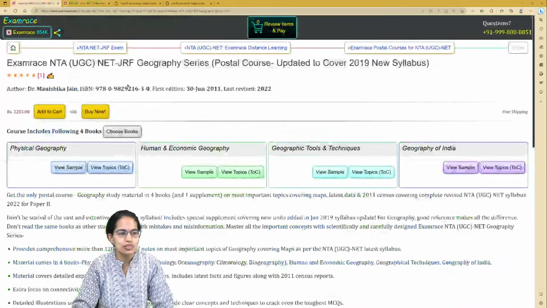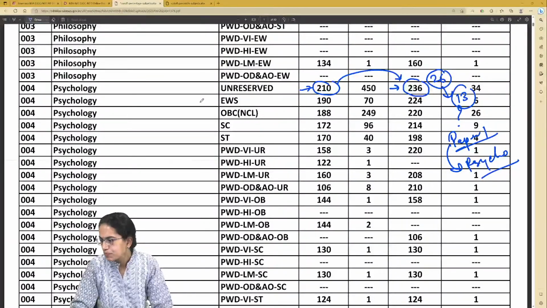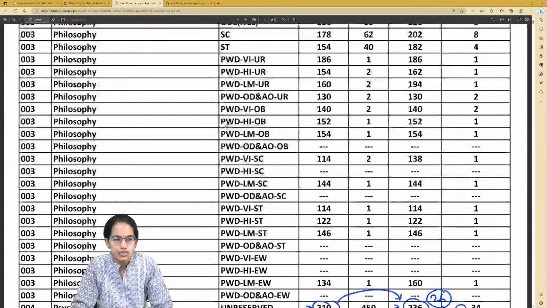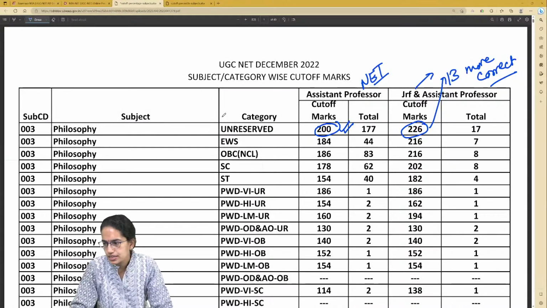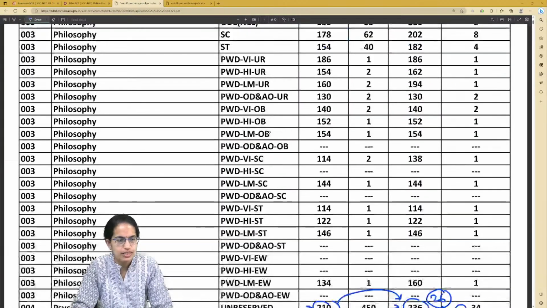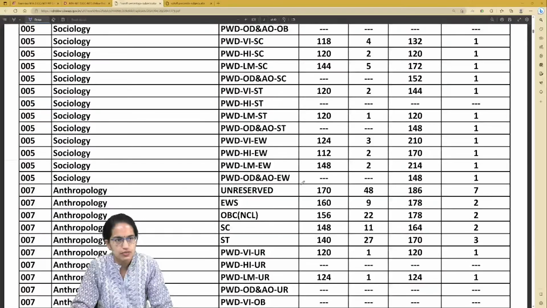So this was our session for today, and we would be joining back again. The lists have already been declared, Adiba. So you can just check out your scorecards on the UGC official website, and the cutoffs have been released again for the subject-wise categories. We have those for philosophy, psychology, sociology, and all the subjects which are given here.